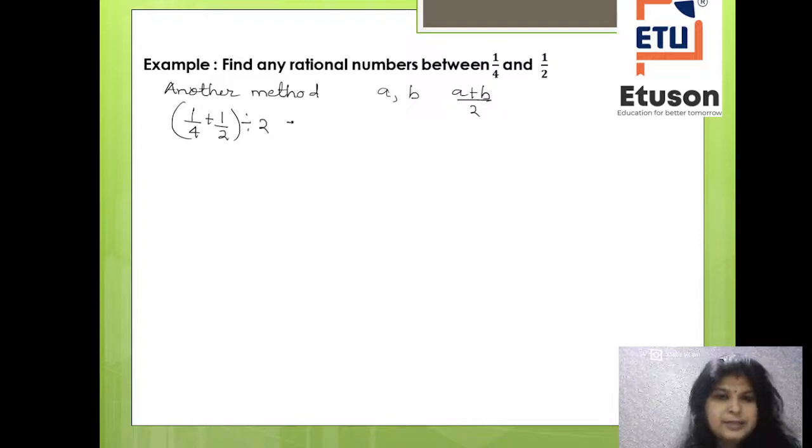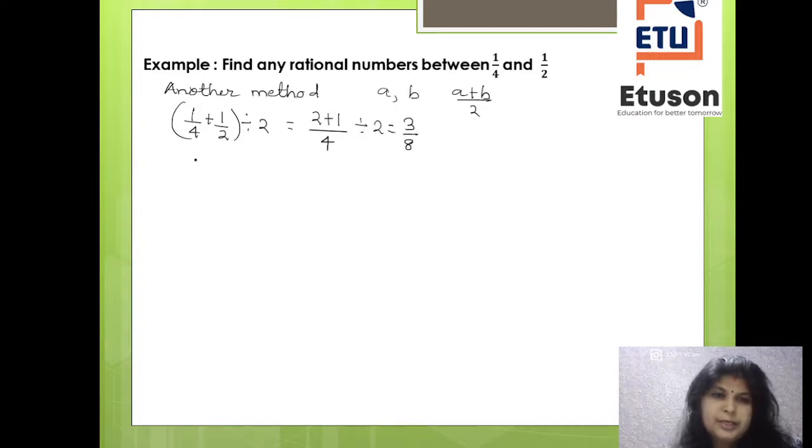So what will be the answer? You have 4 as the denominator, and here it becomes 2 plus 1, so 3 by 4, divided by 2, and the answer is 3 by 8.